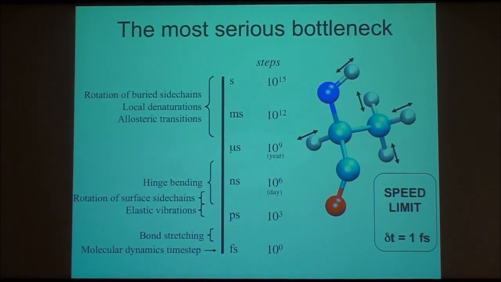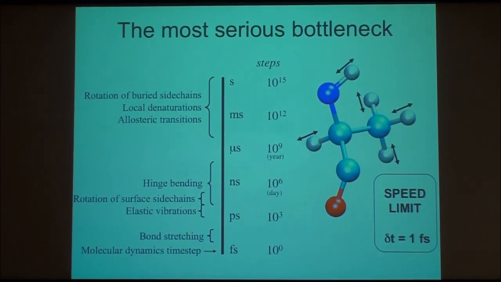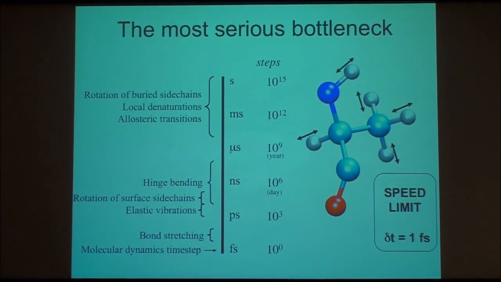So in order to describe the vibration of this CH bond properly, you need to have at least 10 snapshots taken. Otherwise, you don't know. For example, if you take a snapshot every 10 femtoseconds, you will see always this CH bond having the same bond length because it's vibrating exactly at the same frequency, right? So in order to describe this vibration properly, you need to take 10 snapshots.